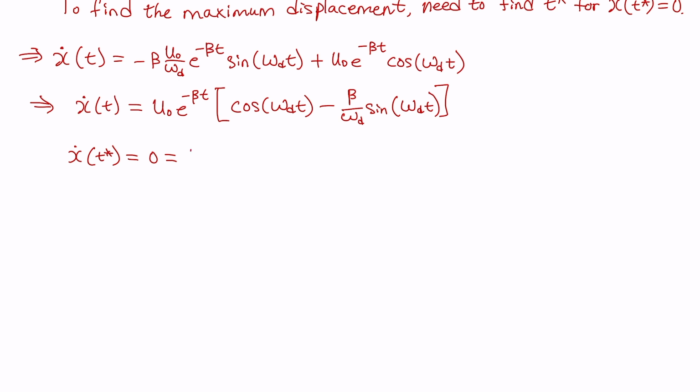This is then equal to u0 e to the minus beta t star times the quantity, the cosine of omega d t star minus beta divided by omega d times the sine of omega d t star.